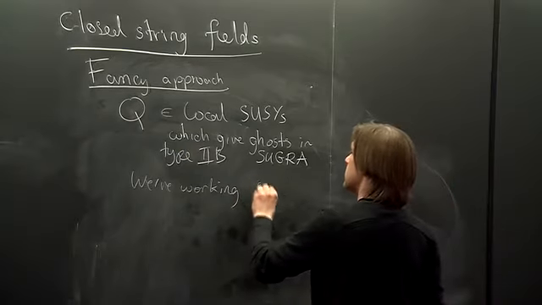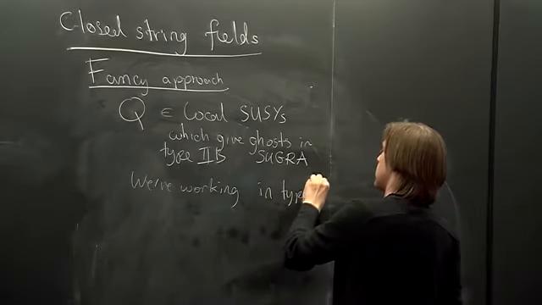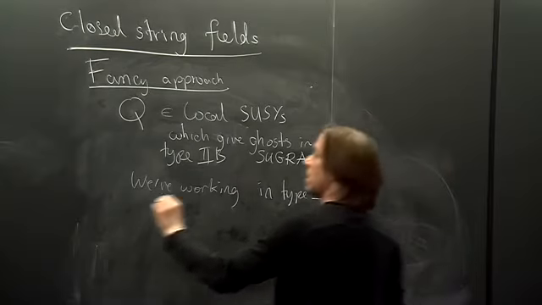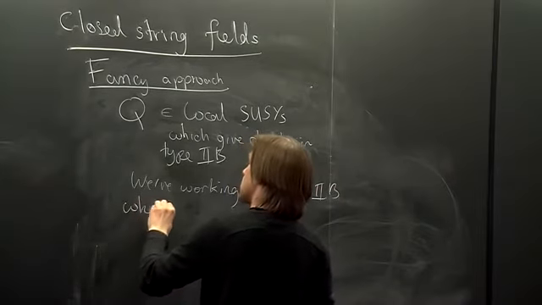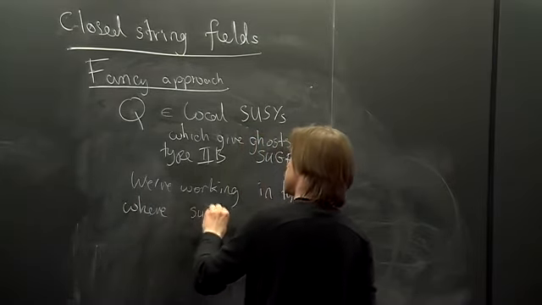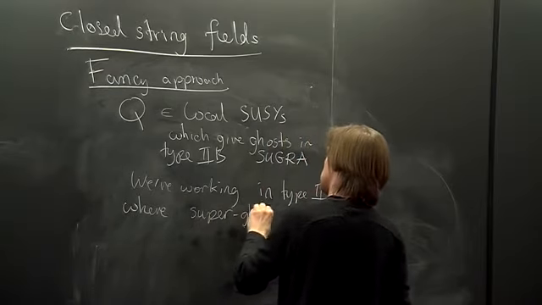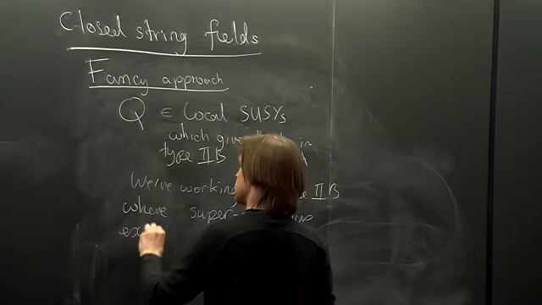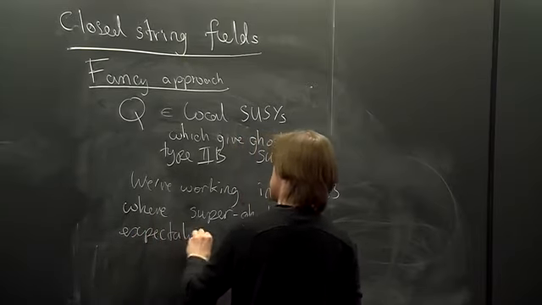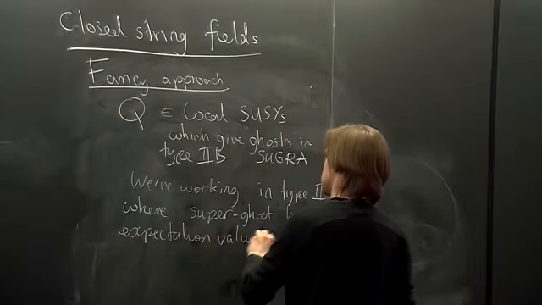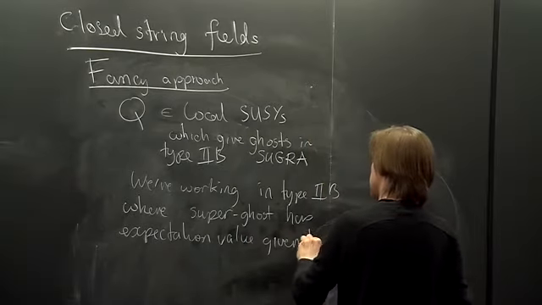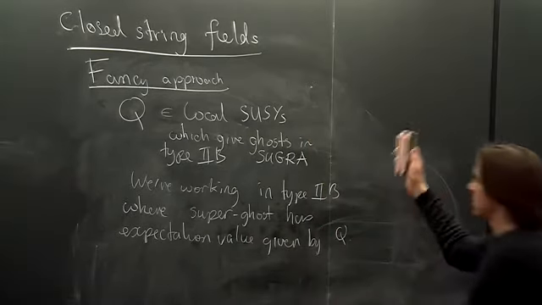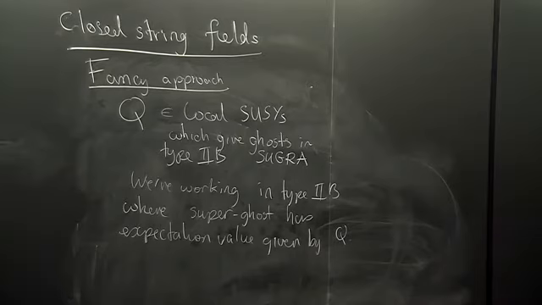So we're working in type IIB where the superghost has an expectation value given by Q. As I said, this is the super fancy conceptual way to think about how this relates to the physical string.